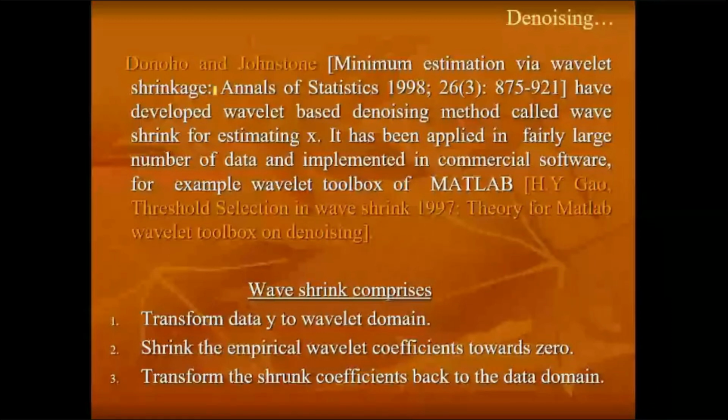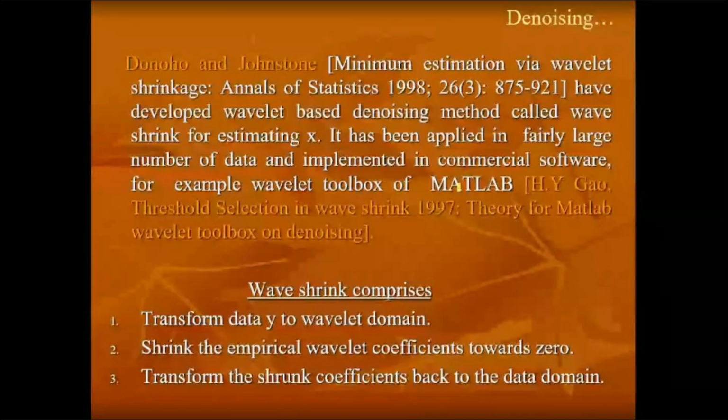They developed wavelet-based denoising methods called WaveShrink for estimating X from the data or signal Y. It applies in several ways; I mentioned the wavelet MATLAB toolbox, where you can directly find the denoising process.